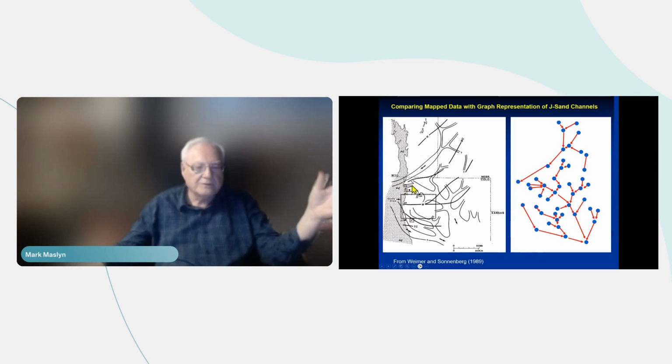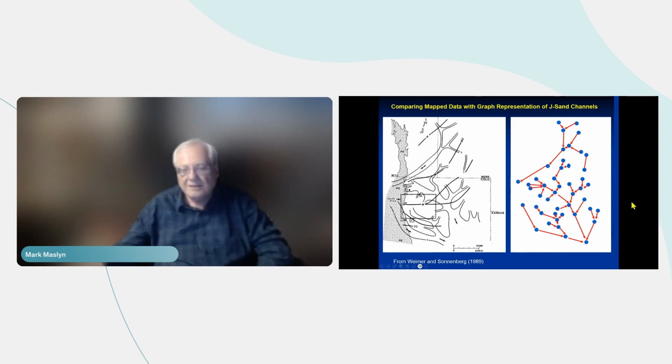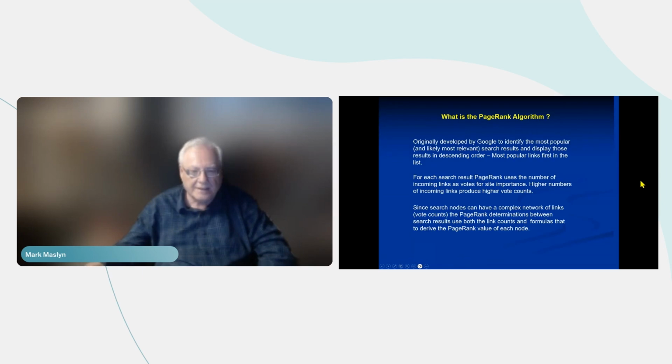What you look at is flow direction, because as you move on down, the river system gets much larger. And if you compare that to the J sandstone channels, you'll see that exactly models it. So from the first standpoint, did I have a good representation of the actual data, digitized from the published information? And so, yeah, I'd say I did.